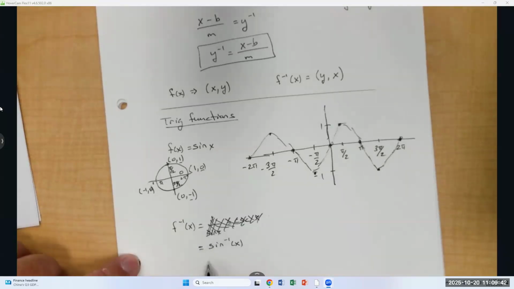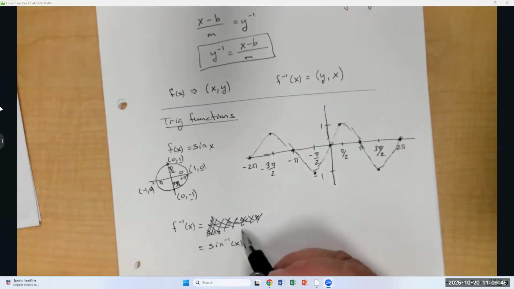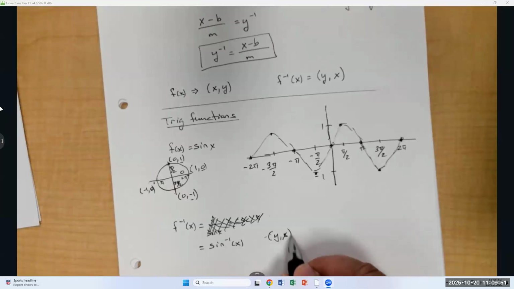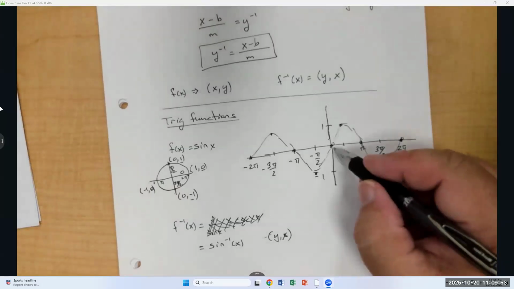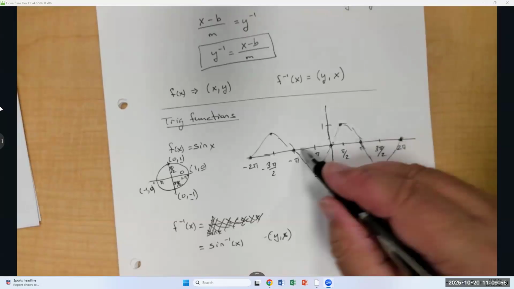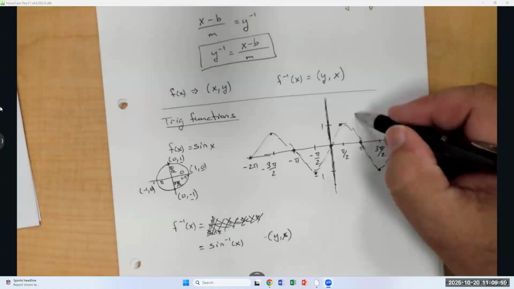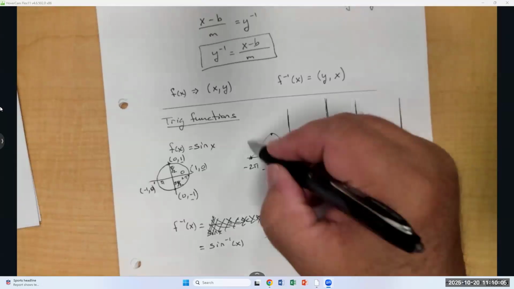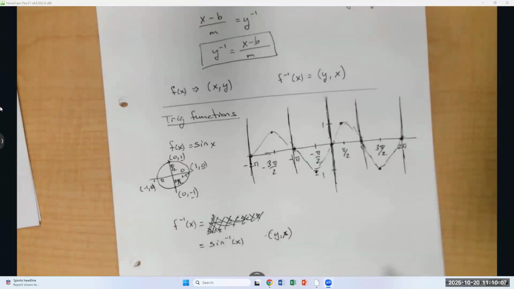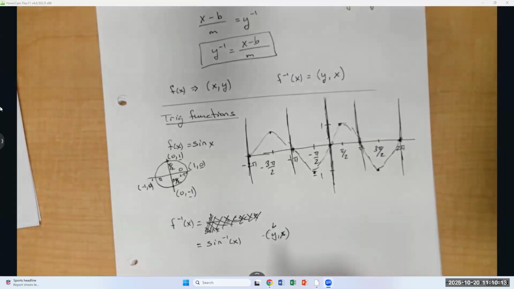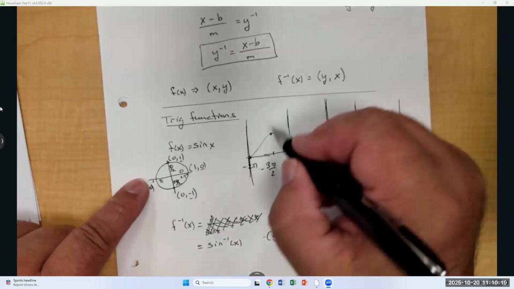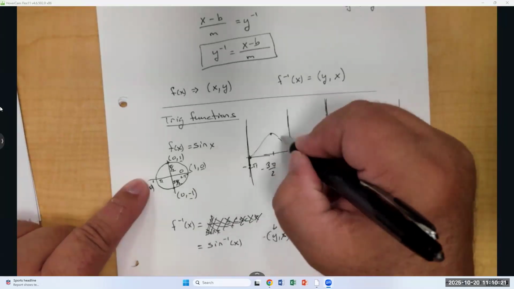Remember, now we switch the x and y's. So here, our points of our graph are going to be y, x. So in other words, everywhere we have an x-intercept, that becomes an asymptote. It's a vertical asymptote. Whereas here we're looking for the y values. So since we're looking for the inverse function, we know that it's going to be the opposite of this.